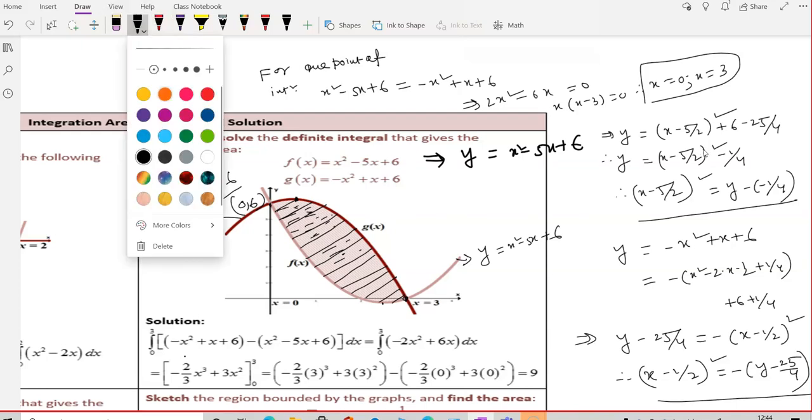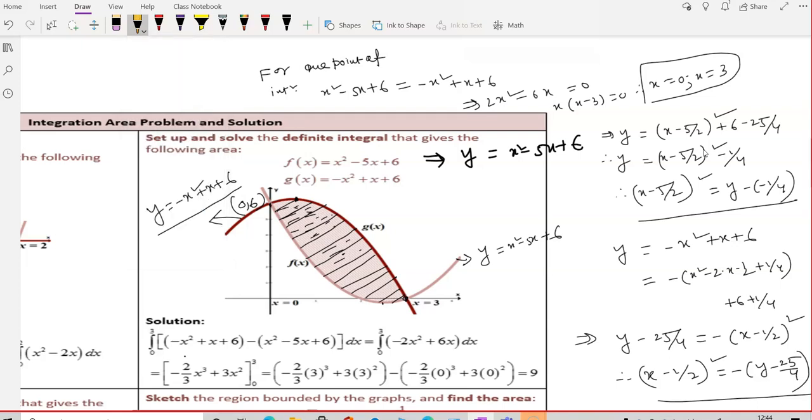If I shade it, the area bounded by it with the x-axis between these 2 points is going to be like this. This whole thing. Am I correct? Because from definite integration and limit of sum we have learned this. This is the area bounded by the curve with the x-axis between the points x equal to 0 and x equal to 3. All of you can see that.